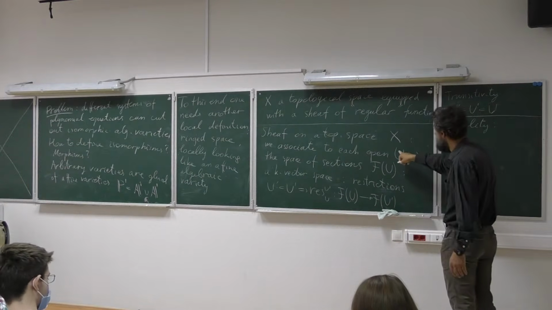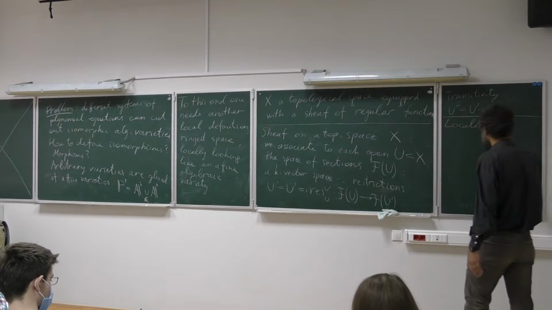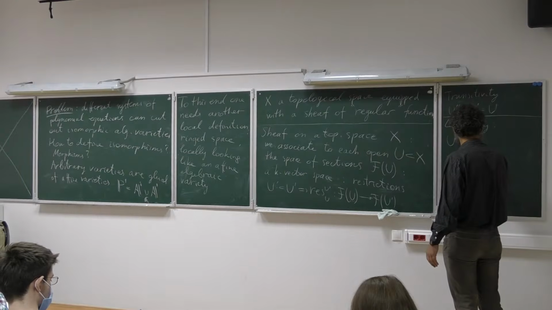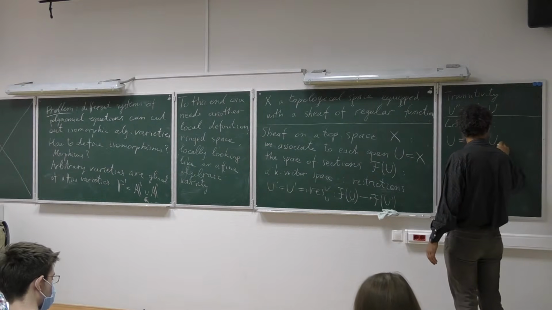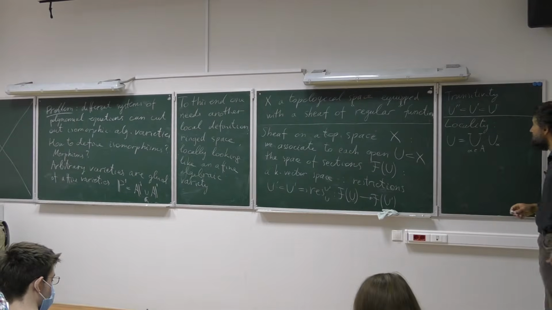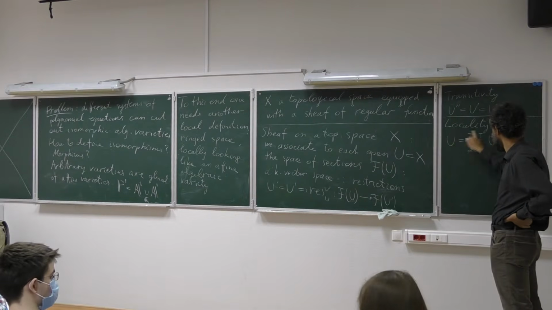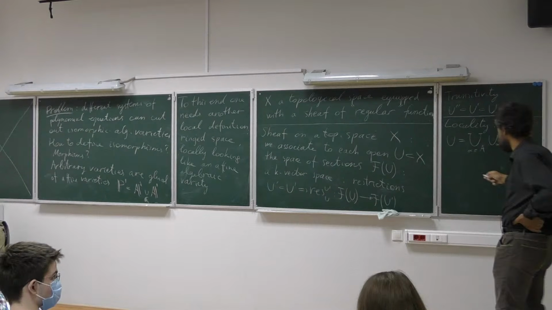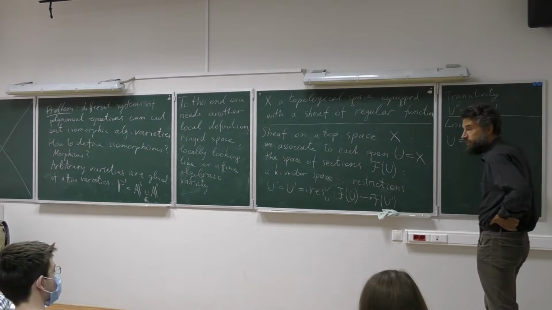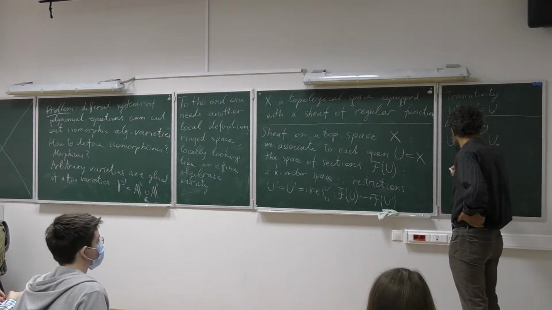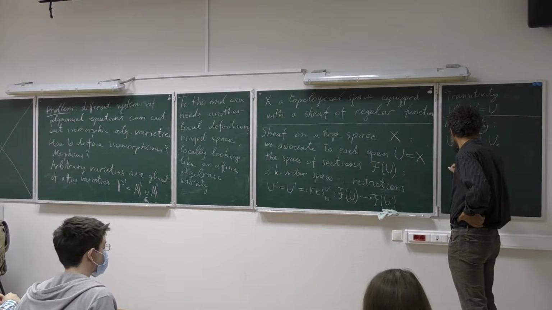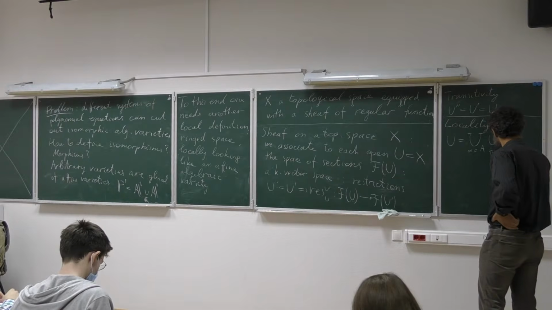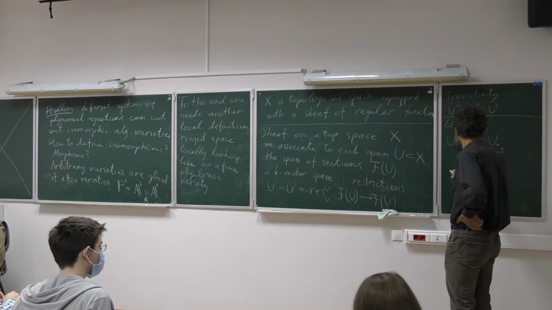Suppose that some open set is covered by a few smaller subsets. So U is a union of smaller subsets, and then you have restrictions of sections from here to sections over there, and each section is uniquely defined by those restrictions. Well, let's say it's finite, not to have theoretic difficulties.